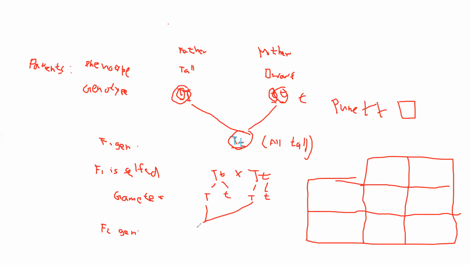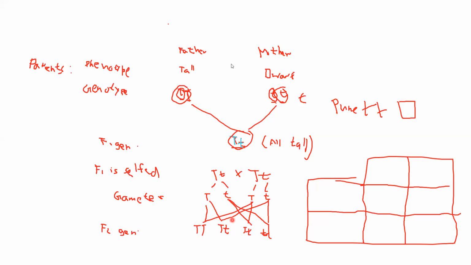First of all, this is the first type of offspring that can be formed. The second one is capital T and this one. Then you have this one and this one. And lastly, you have the small t and small t. Amanpreet, can you tell me what will be the phenotype of this one? You can see my pointer, right? Tallness, okay.